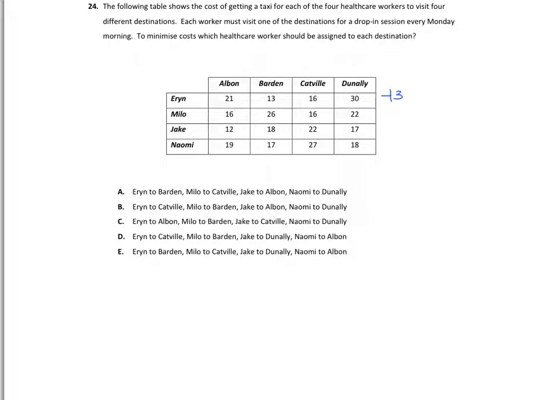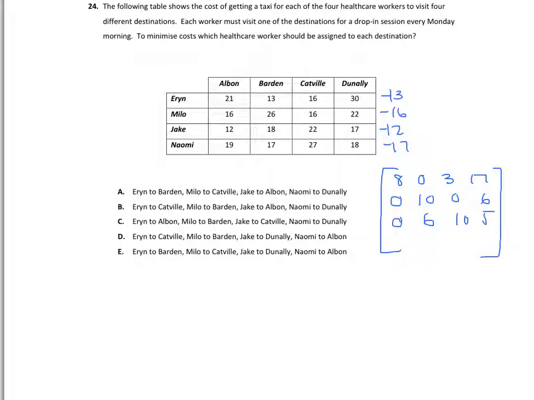So 13 in the first row, 16 in the second, 12 in the third, and 17 in the fourth. Let's write down our answers there. That would give us 8, 0, 3, 17 in the first row for Erin, 0, 10, 0, and 6 in the second row, 0, 6, 10, and 5 in the third row, 2, 0, 10, and 1 in the fourth.